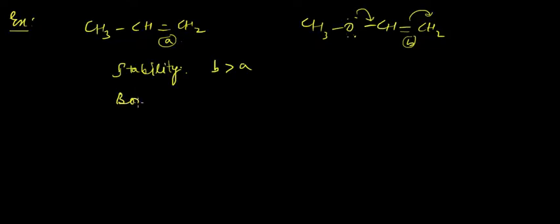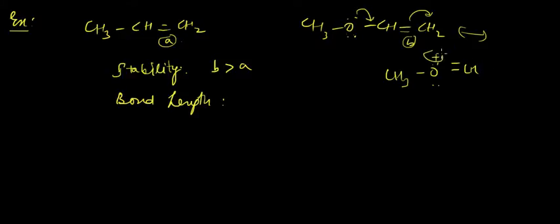And if we talk about the bond length of the double bond of the alkenes, then what would be the order of the bond length? As you can see, in the resonating structure it would have more single bond character, unlike this bond which is permanently double bonded.